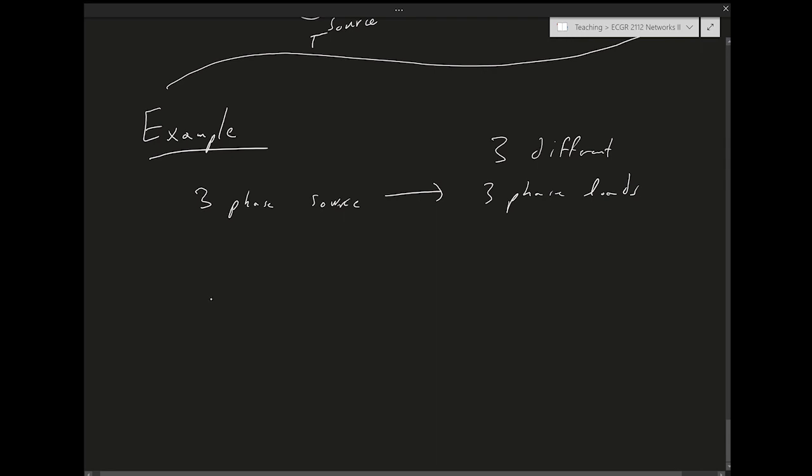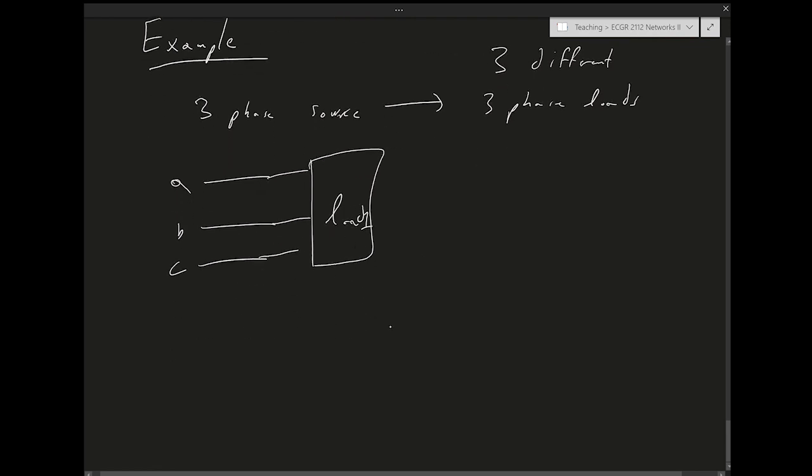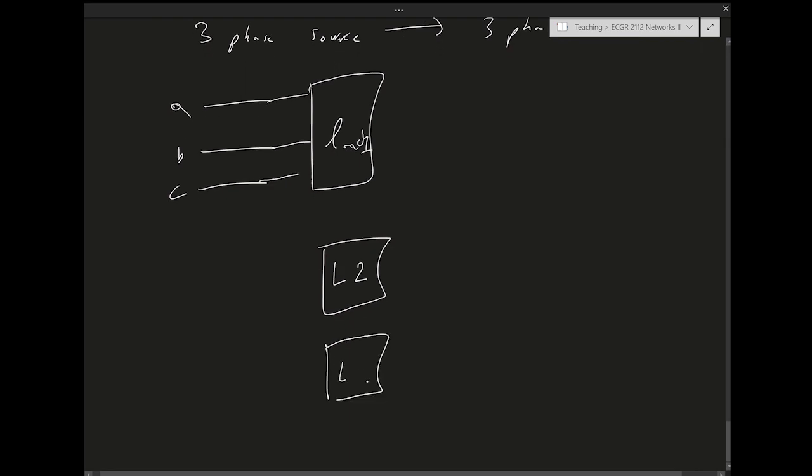So I have my three-phase source A, B, C connected to load 1, and then I have, this is a three-phase load, and then I have load 2, L2, and then I have load 3, L3, and they're all connected in parallel in this manner, right? And then this goes here. So it's a parallel connection of loads.